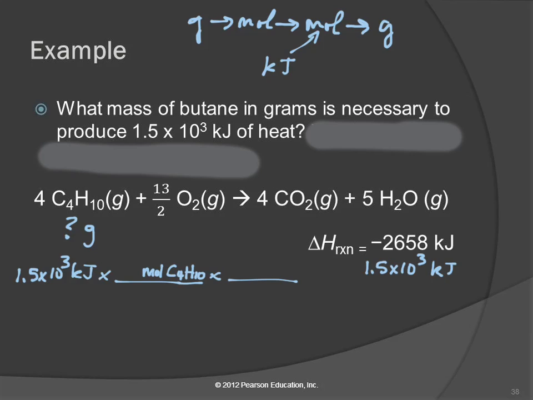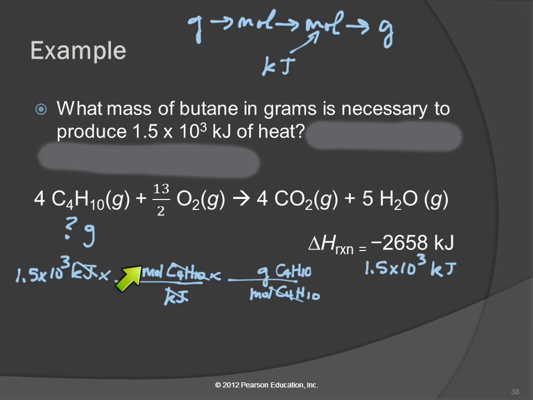And then we want to get to grams of C4H10. That's our path. Kilojoules to moles to grams. And previous unit down in the bottom, so those cancel. And do it again over here, and this cancels.